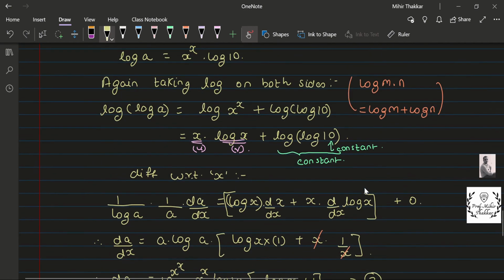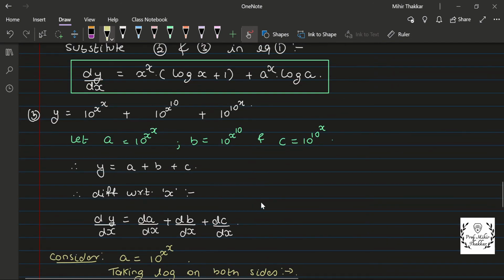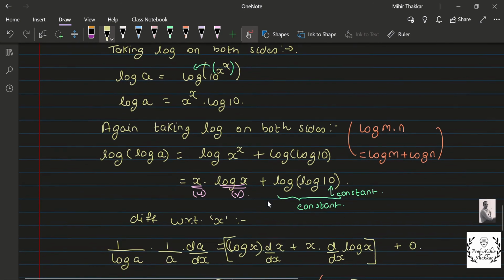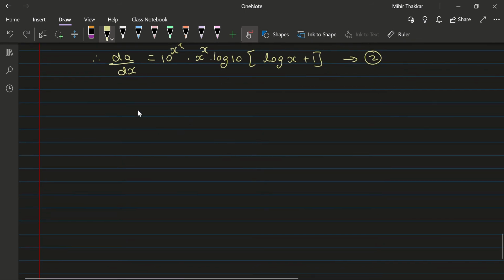Now let us see what is the value of b. It is 10 raised to x raised to 10. Once again, I will say over here, consider b is equal to 10 raised to x raised to 10.